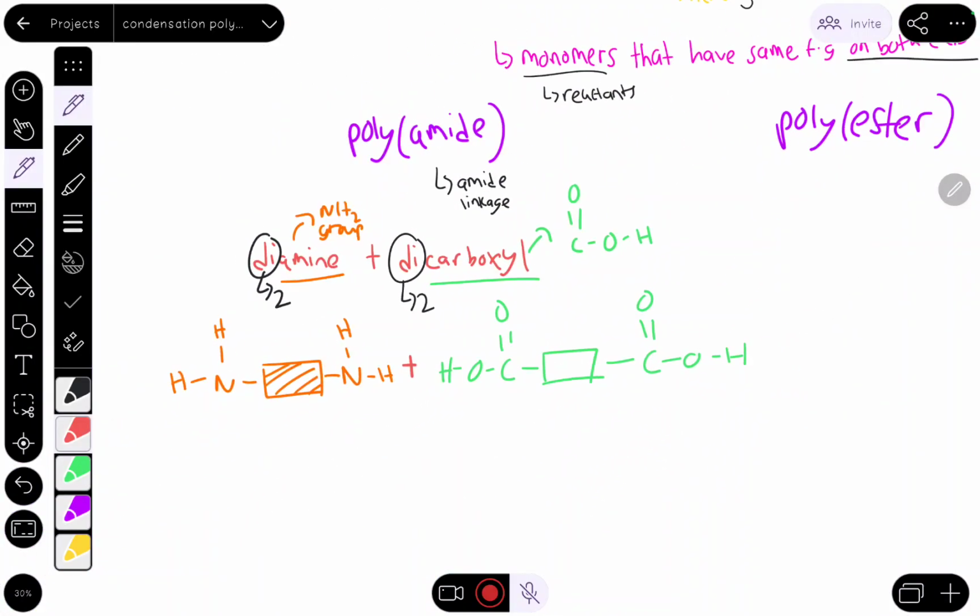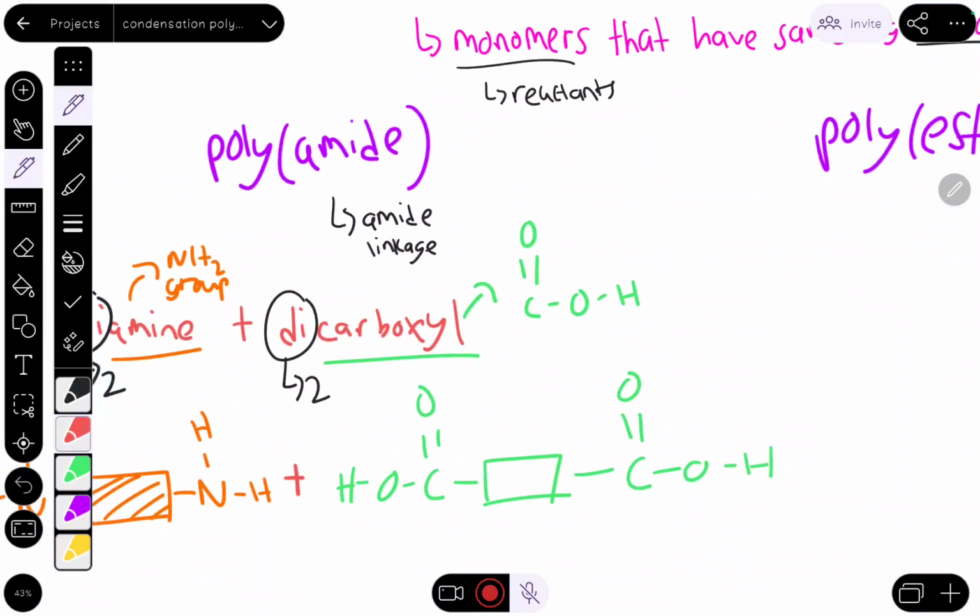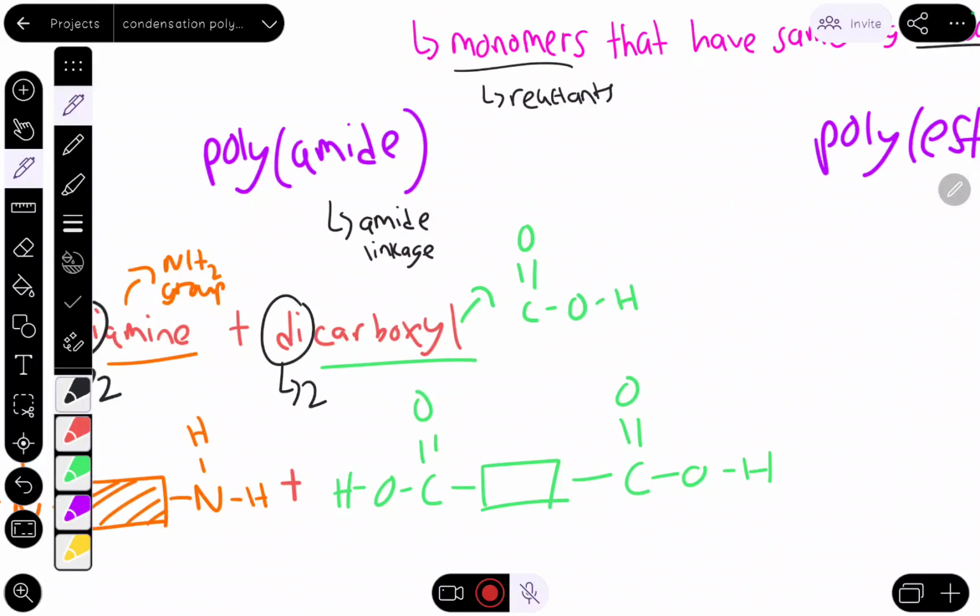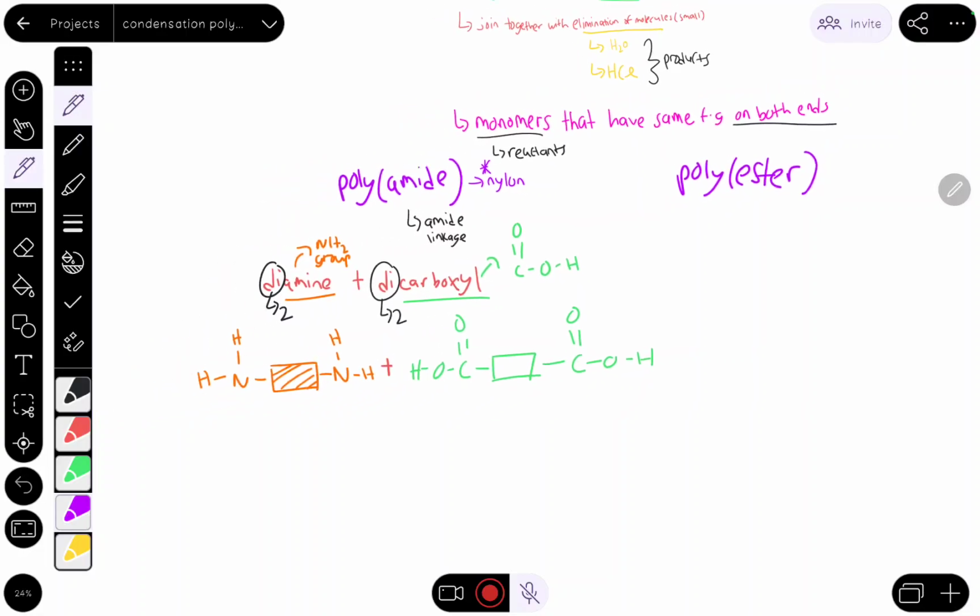This gives you polyamide. Polyamide is also known as nylon. This is important.